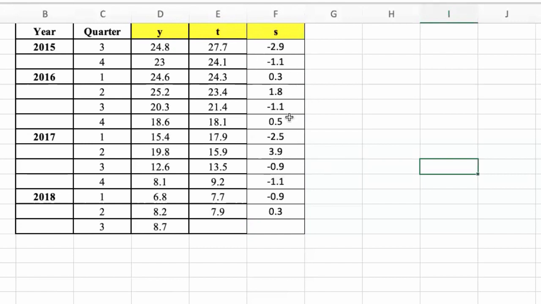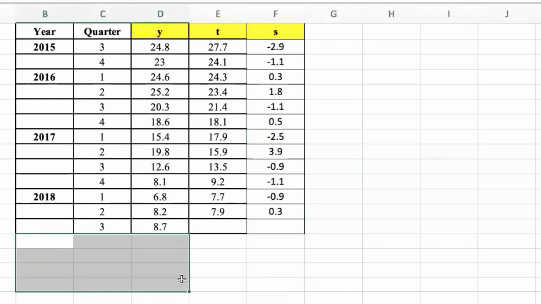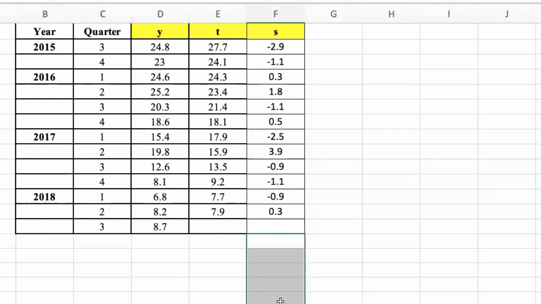Your next part is to get the adjusted average seasonal component. All that means is that later on we're going to forecast 2019, and we need seasonal component figures for 2019 to help us forecast what the home loan approvals might be in that year.